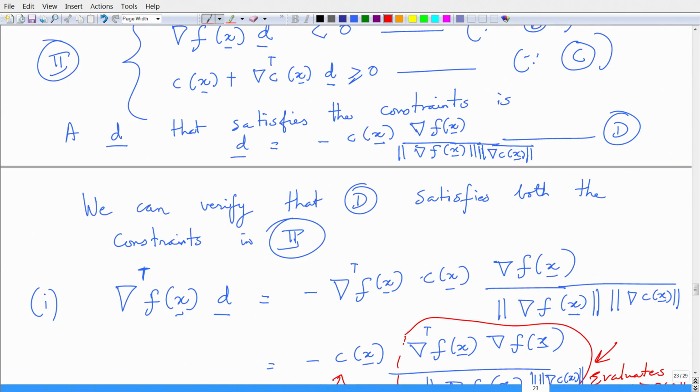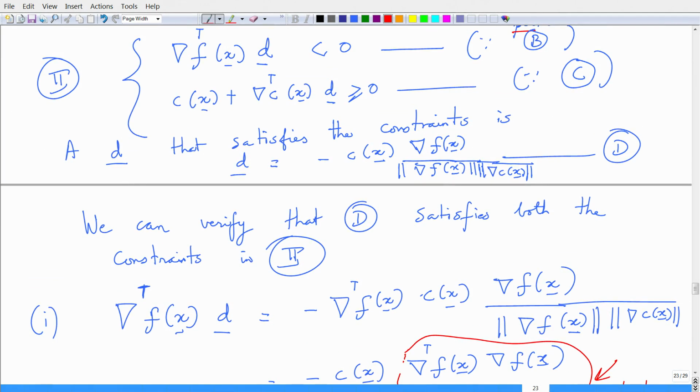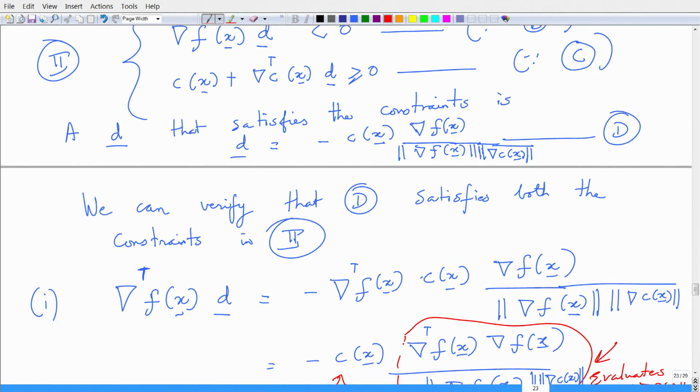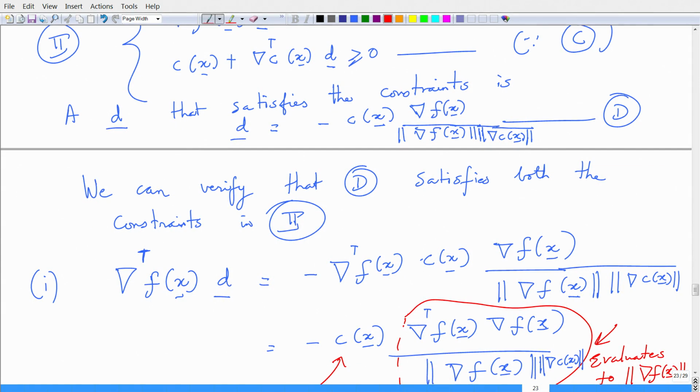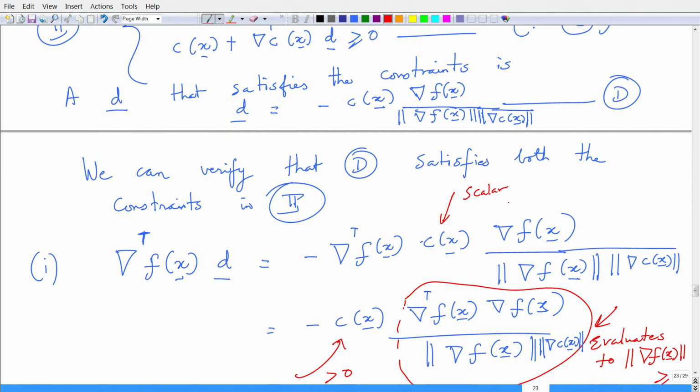Now, what I have to do is take del f times d, that is the first constraint that I have. So, I plug this d here. What I get is minus gradient of f times C of x, this is a scalar, times del f upon norm del f times norm del C in the denominator. So, the C of x is a scalar, I pull this out with a negative sign.